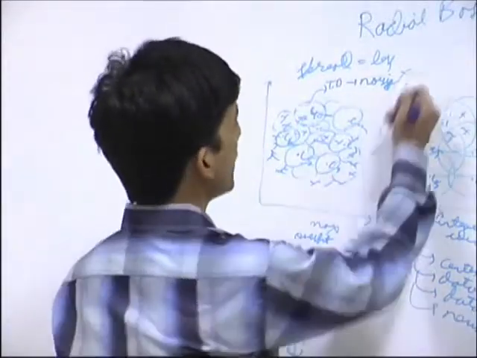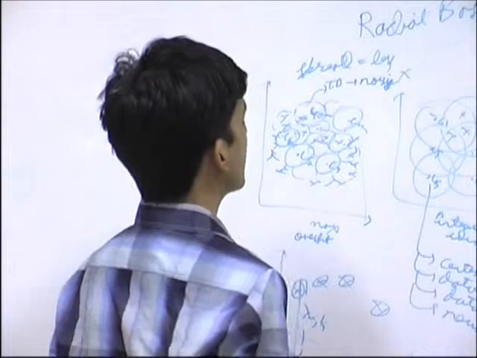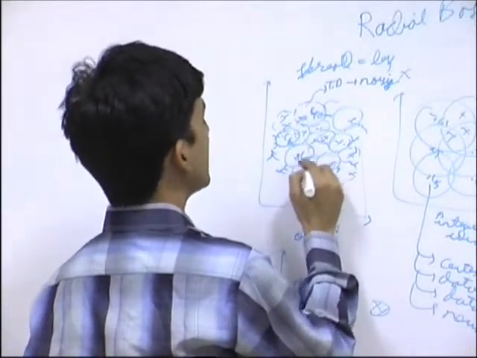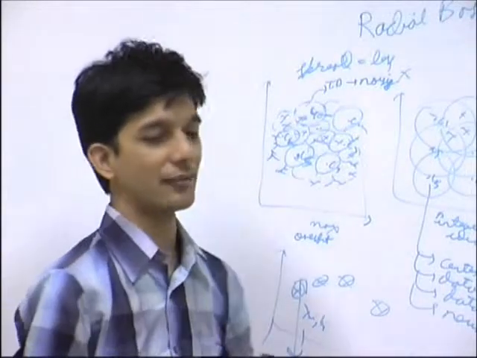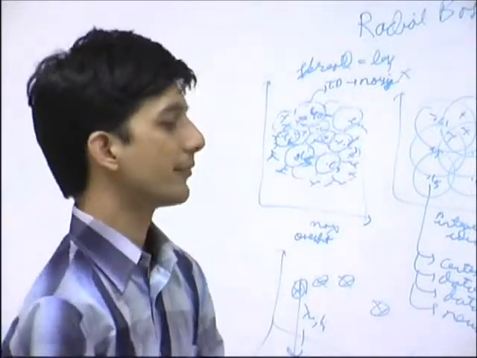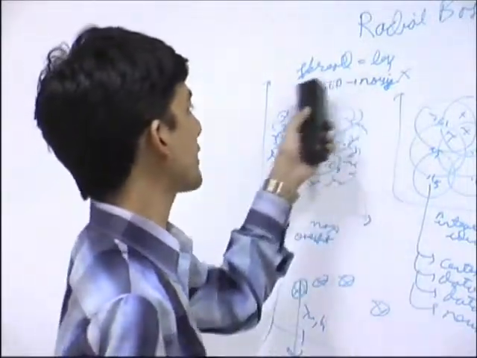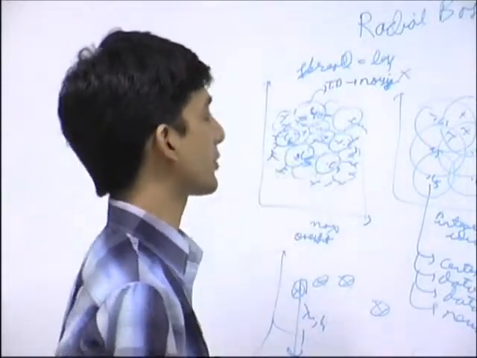But then noise at an X over here does not mean that C5 will give you a wrong output. So my effect of noise is only restricted to this place, not to this place.